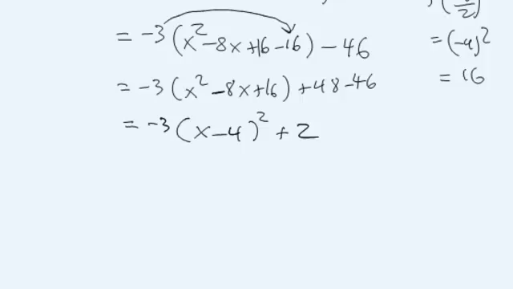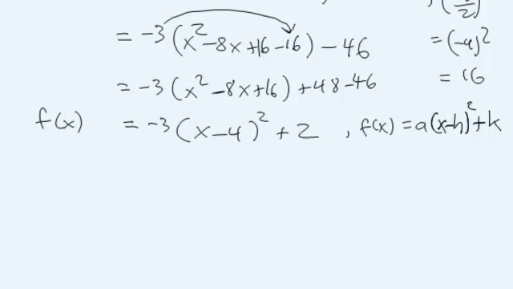Okay, so now our quadratic function is in vertex form. Remember, we're comparing this to f of x equals a times x minus h squared plus k. The reason we call it vertex form is because h, k are the coordinates of our vertex.